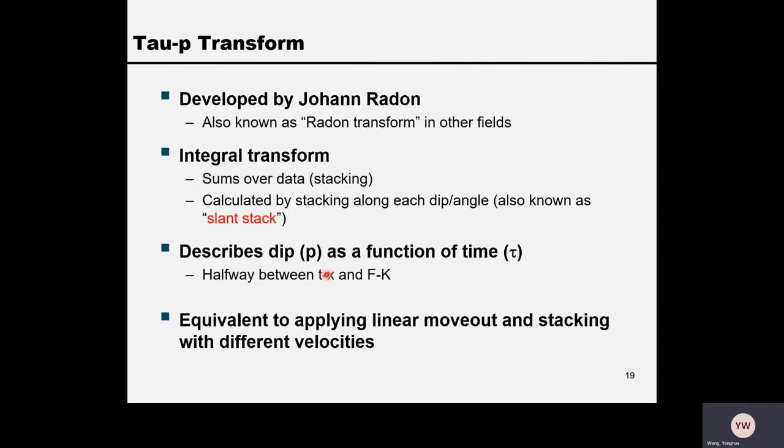In the seismic community, we simply call it the tau p transform. We'll see why. We will keep the name radon transform for the next session, specified for the parabolic radon transform. But for the general radon transform, the linear radon transform, we call it simply the tau p transform.